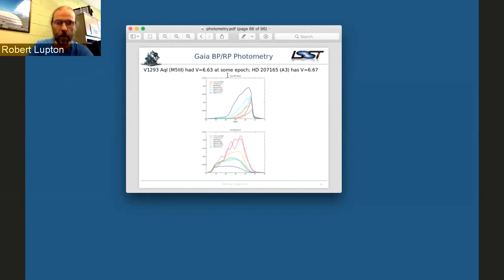And just to remind you, this thing, V1293, which is the red star, is at 6.7 magnitude. It's a variable, of course. HD 207, which is an A3 star, is this blue thing. So these are not very good resolution spectra. They're spectrophotometry. They're tied to CalSpec standards.